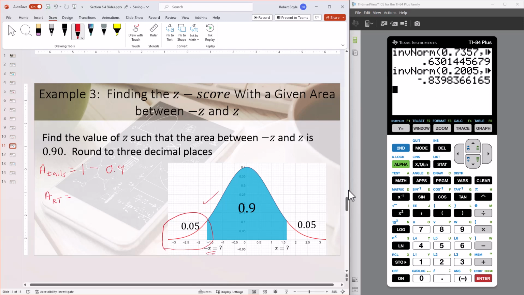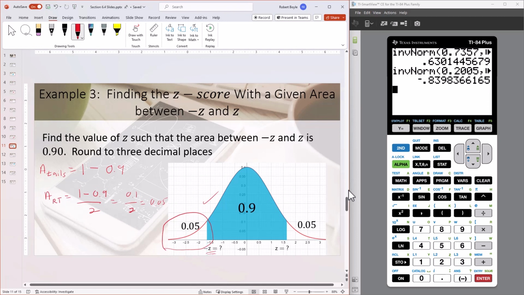So this will be 1 minus 0.9 divided by 2. That will be 0.1 divided by 2, which will give us 0.05. And if you think about it, the area under this entire curve is 1. Here is 0.9 of it. The rest of the area is going to be split evenly between here and here. The rest of the area is 0.1. Half of it's over here.